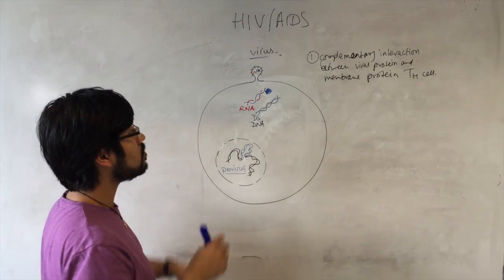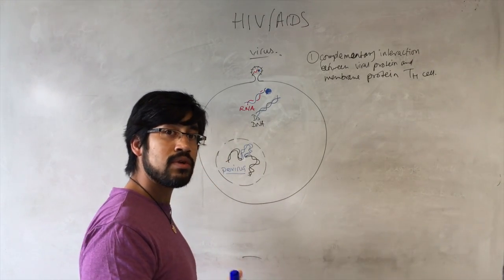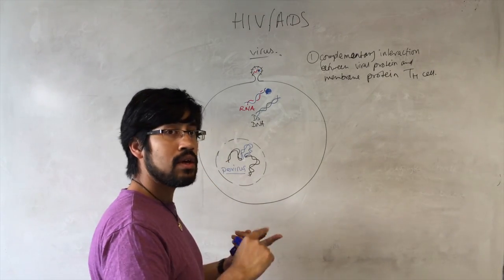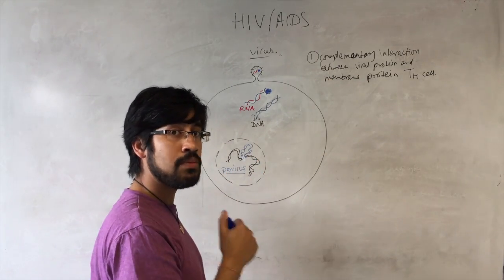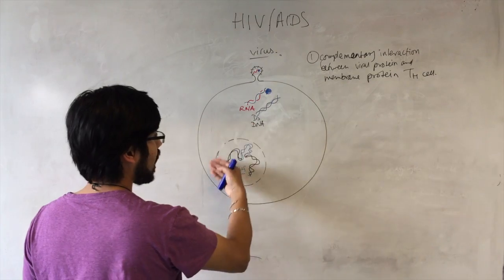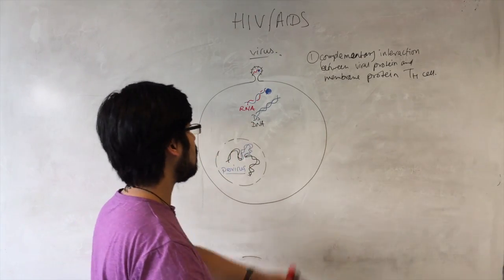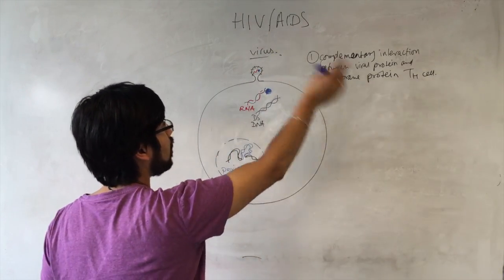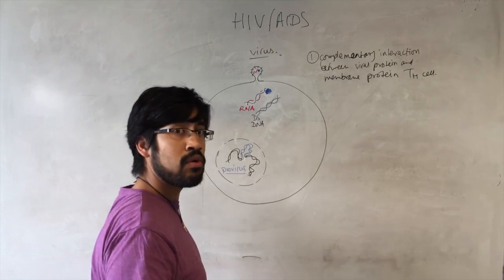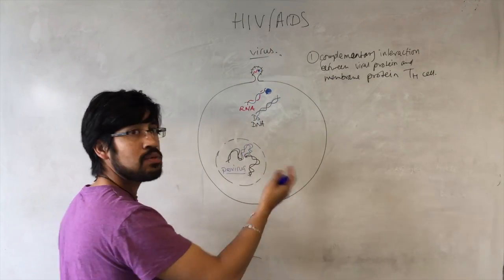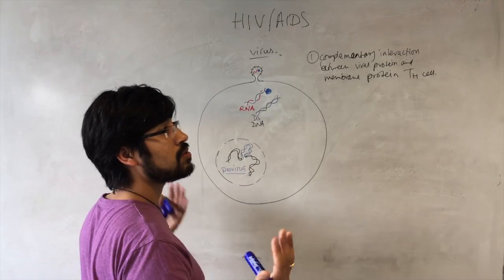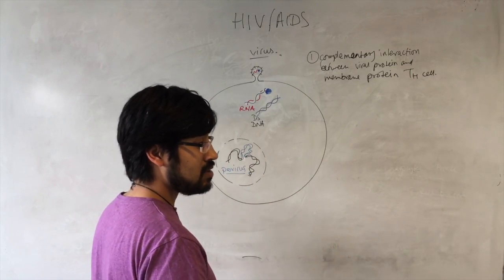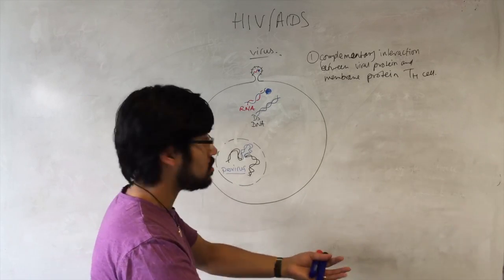And this is the reason why HIV is so difficult to be detected by the host's immune system, because at this stage there are no viral proteins, there are no virus particles around that you can detect as foreign. It's just DNA. It's just a sequence of bases in the DNA, and the cell can't really detect whether genes belong to it or not.